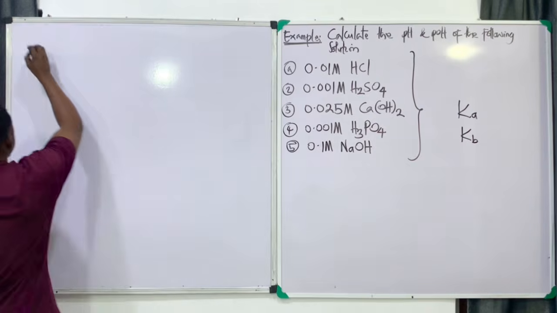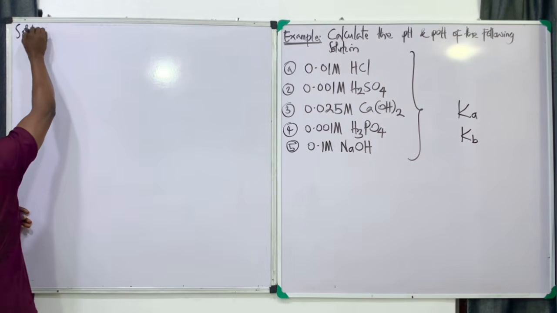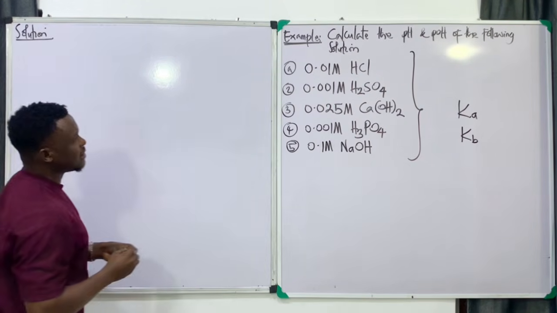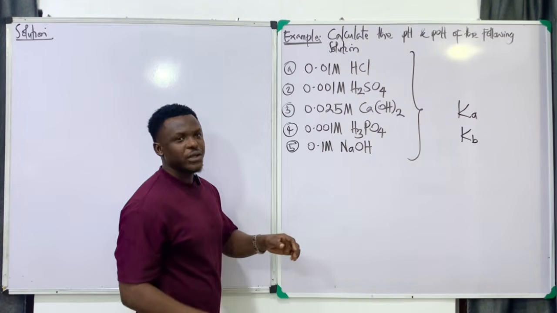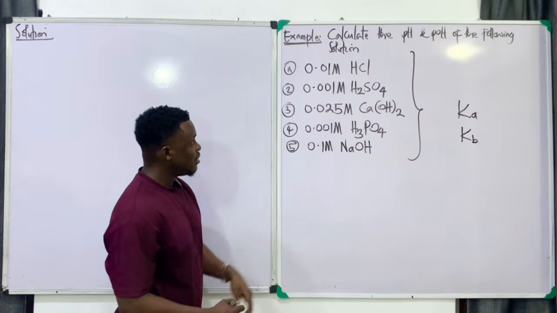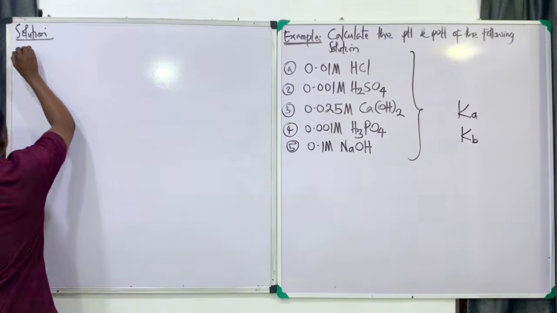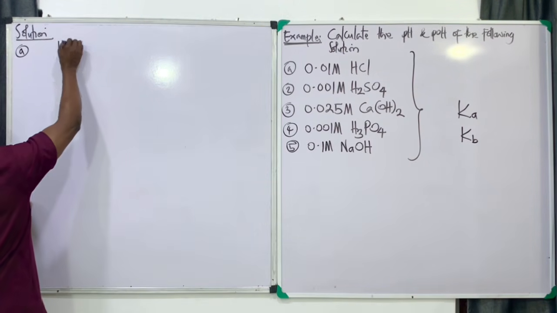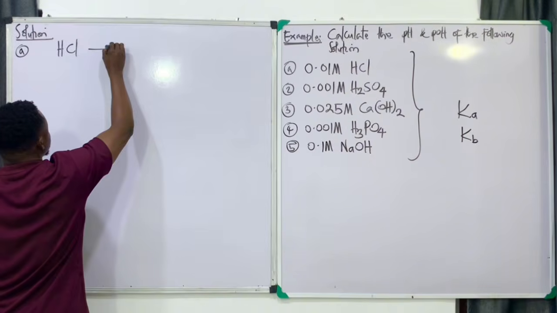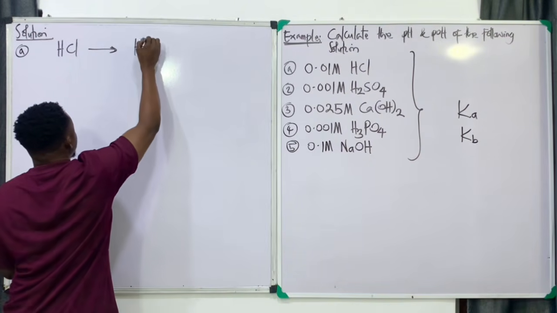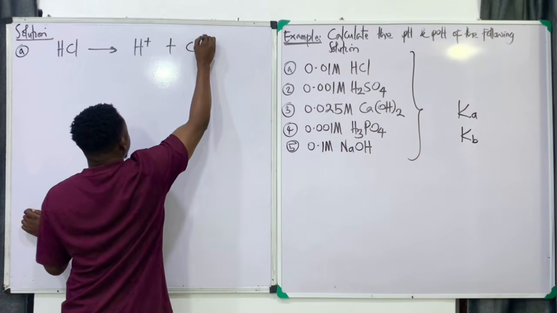Now the first one says, calculate the pH and pOH of the following solutions. Now these are the solutions. The first one is 0.01 molar HCl. So for A, HCl, you dissociate this and we have H plus and Cl minus.